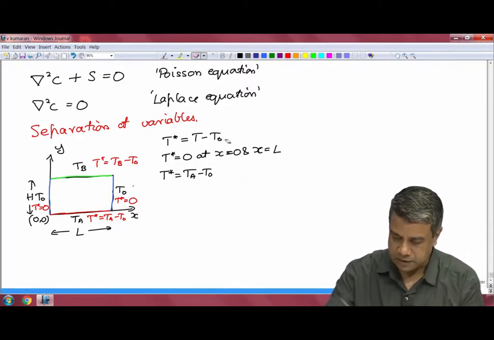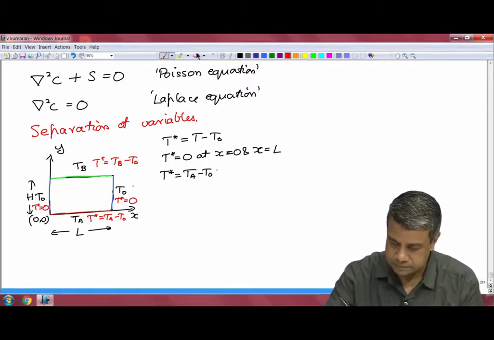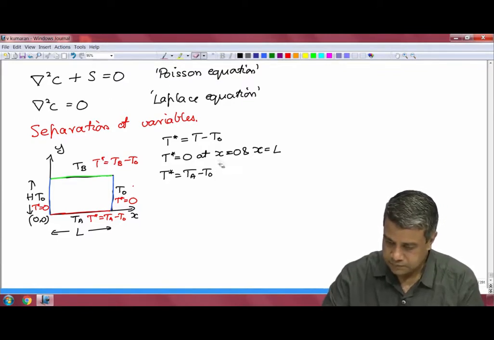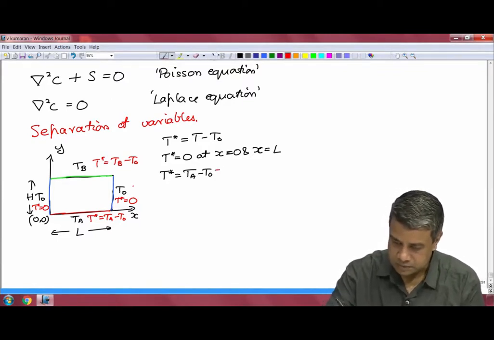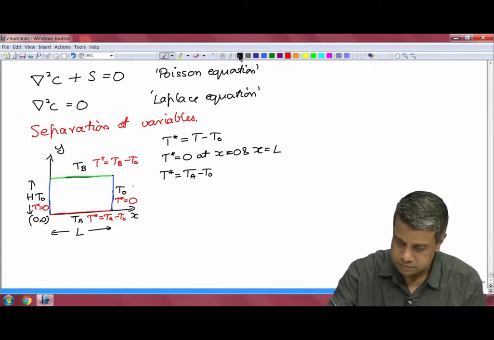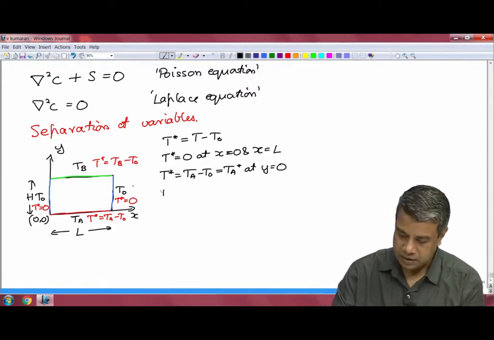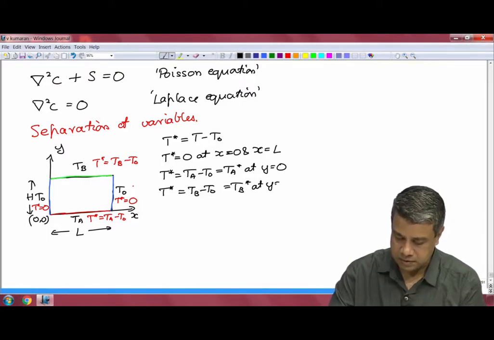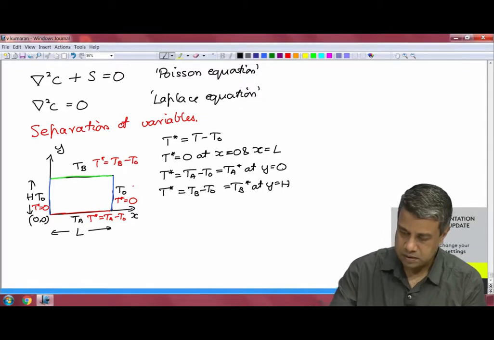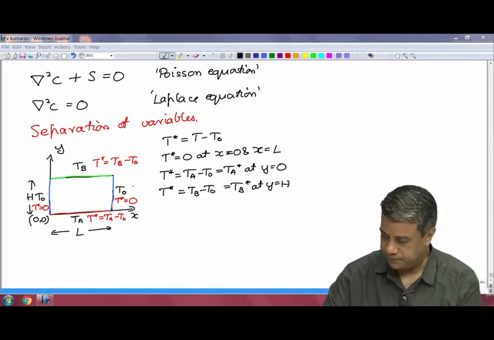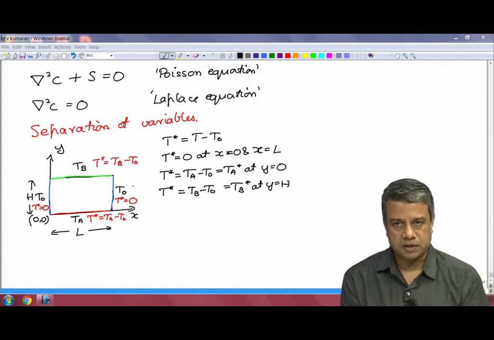And for ease of notation I will refer to this as T star is equal to T A star at y is equal to 0 and T star is equal to T B minus T 0, which is T B star at y equals h. Those are the boundary conditions.